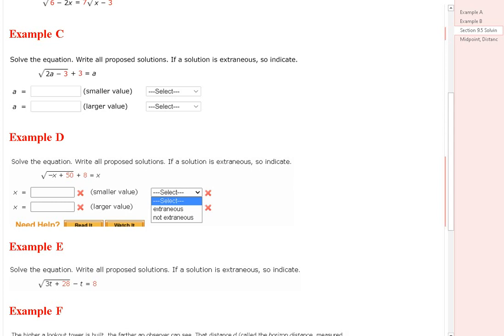So let's look at example D. This time I want you to do some work. I'll walk around and help out. So example D is square root of negative x plus 50 plus 8 equals x.